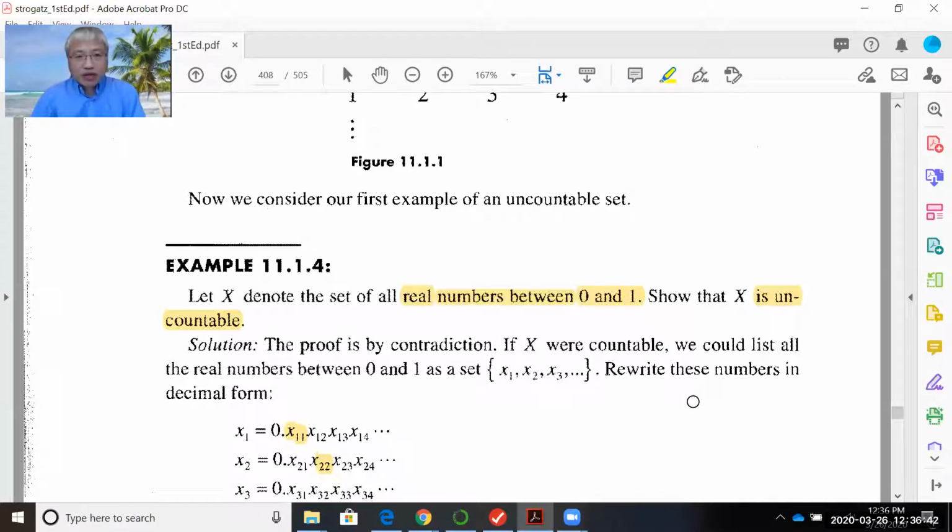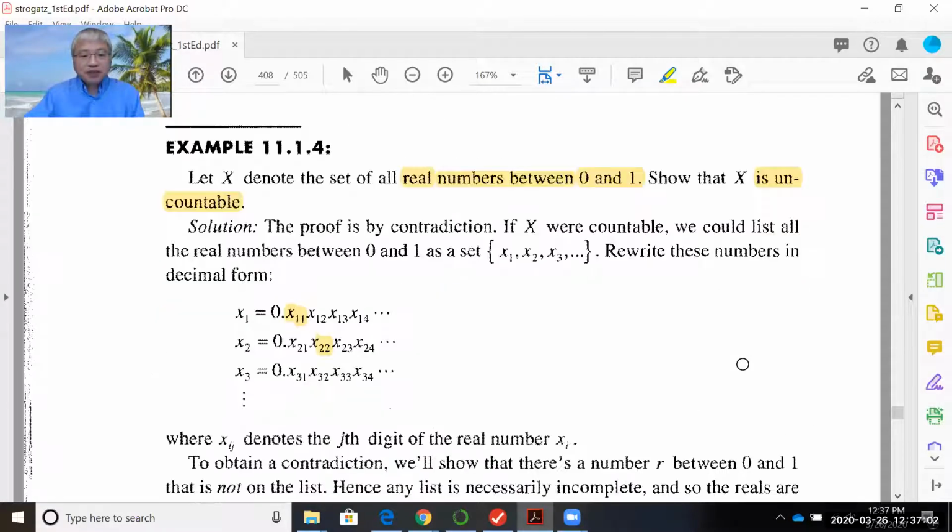Namely, you can arrange the things in a sequence like 1, 2, 3, 4, 5. That means you can map every member of the set into 1, 2, 3, 4, 5, with a unique one-to-one mapping. As long as you can find such a one-to-one mapping, we say the set is countable.